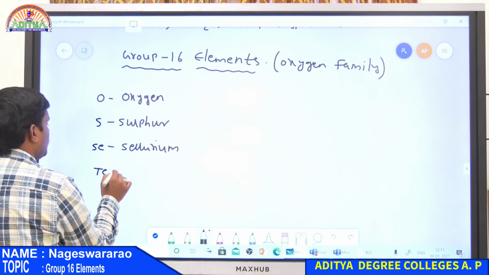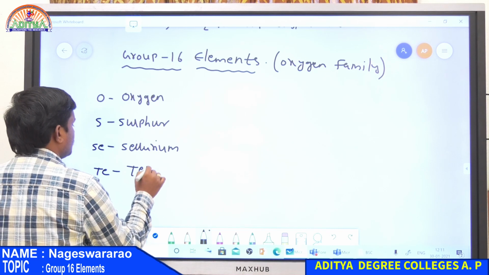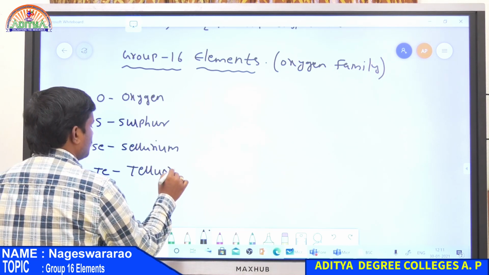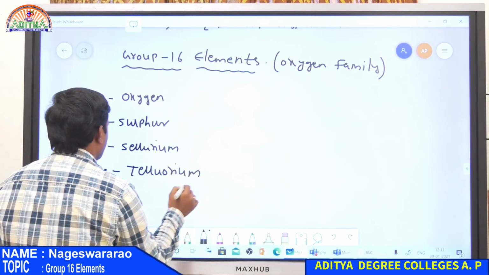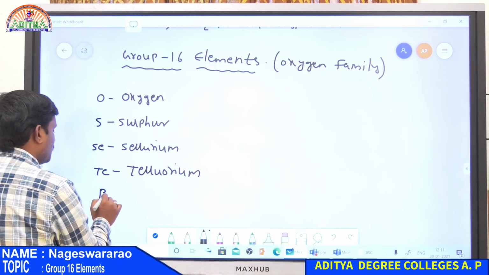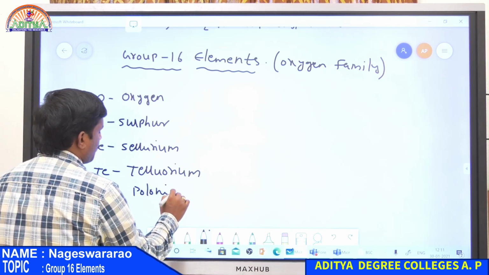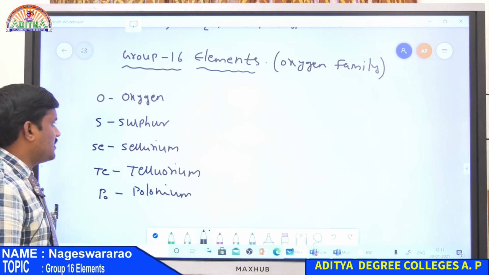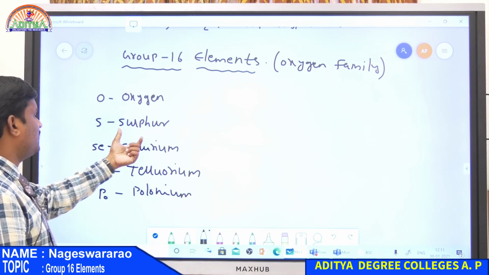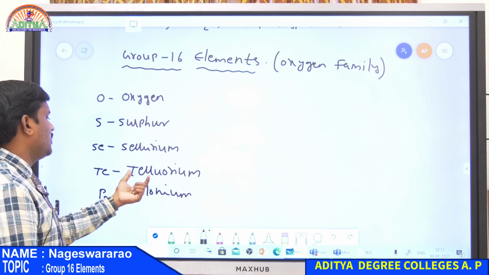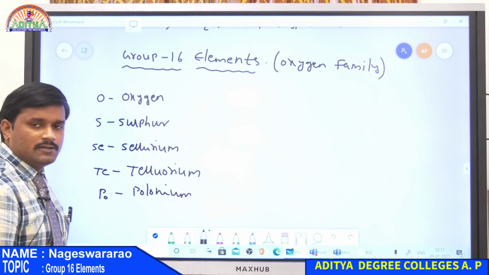Next one, tellurium. And the last one, Po, that is polonium. So these are the elements: oxygen, sulfur, selenium, tellurium and polonium.